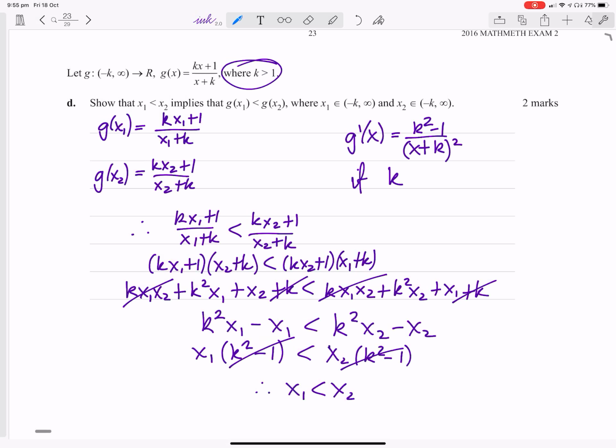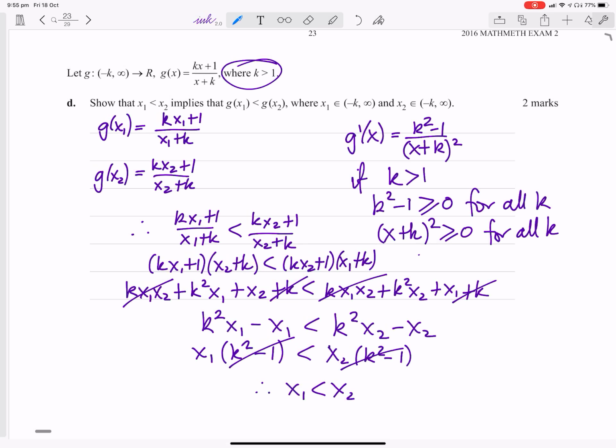If k is greater than 1, k squared minus 1 will be greater than or equal to 0 for all k, and x plus k squared will be greater than or equal to 0 for all k.